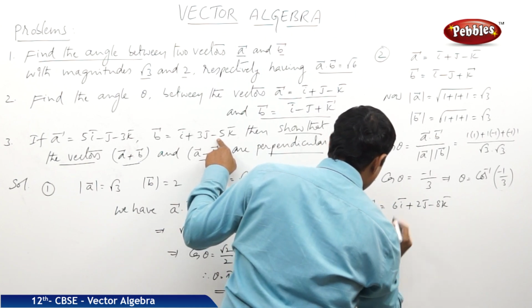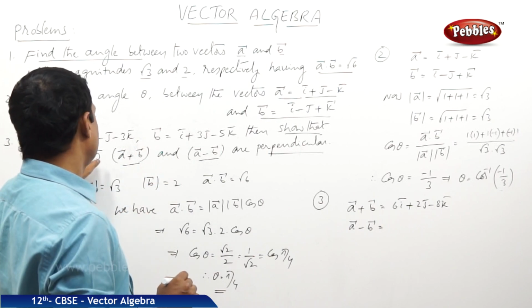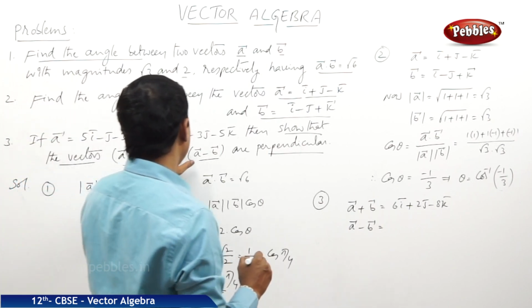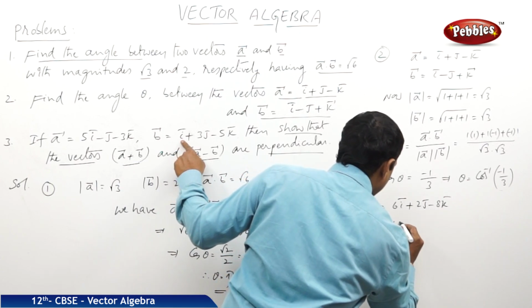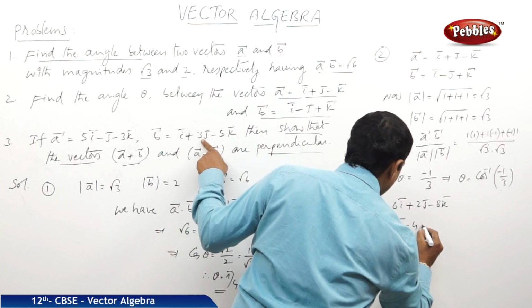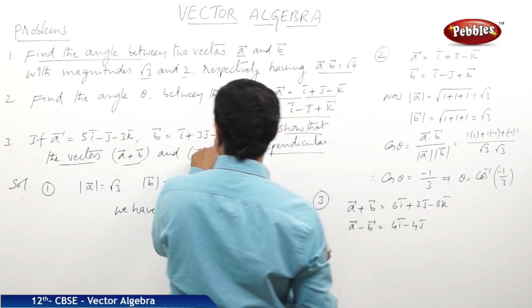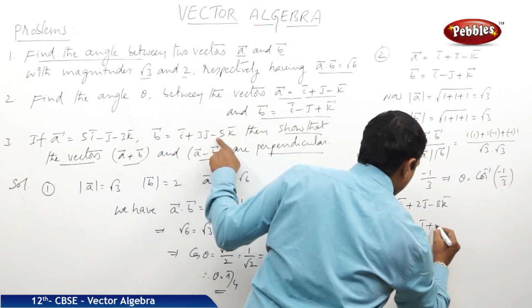Next, similarly, let us find a minus b vector. A minus b, 5i minus i, 4i, minus j minus 3j, minus 4j, minus 3k minus of minus 5k, plus 2k.